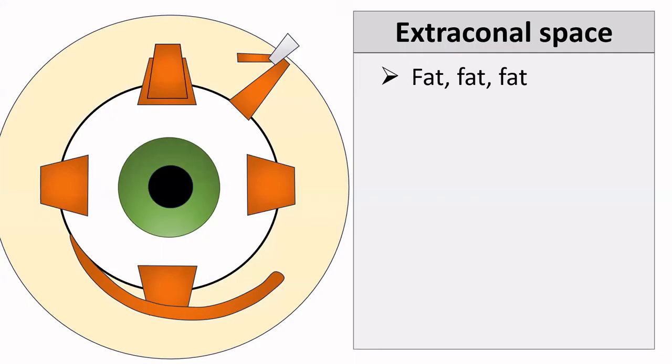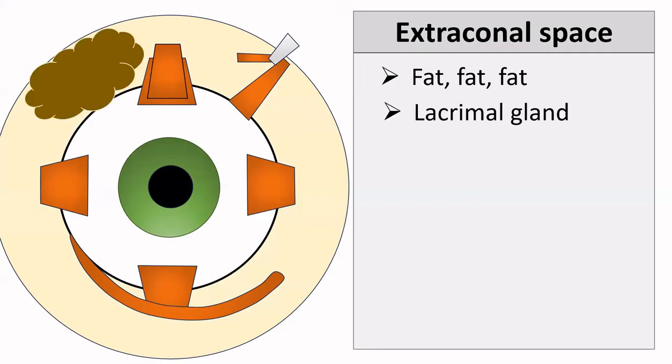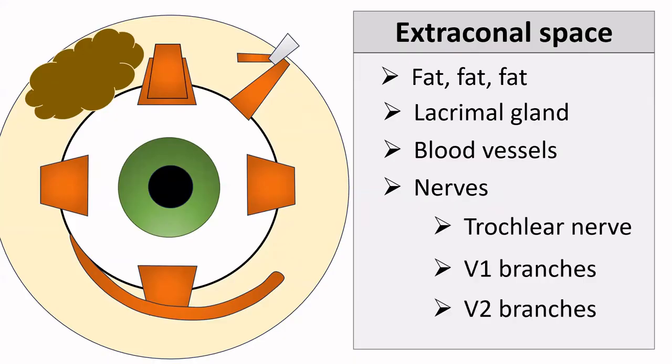Well, mostly fatty tissue. And in this fatty tissue, we find the lacrimal gland located superolaterally in the extraconal space, as well as blood vessels, arteries and veins, and several cranial nerve branches. If you want to be more specific, we find the trochlear nerve in the extraconal space and branches of the ophthalmic and maxillary division of the trigeminal nerve.